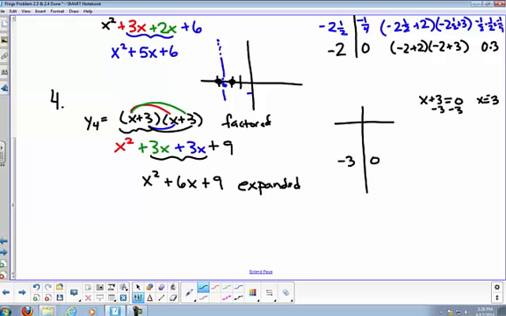If you want to check to make sure, when you plug negative 3 into both of your x's, you get 0 times 0, which is 0. Now, negative 3 is the only one that gives you 0 because the second parentheses is the same. So this is also our vertex, which is our line of symmetry.